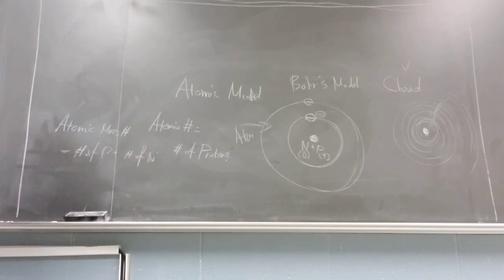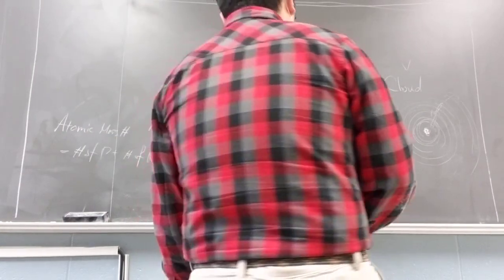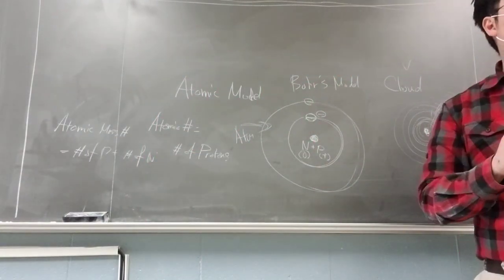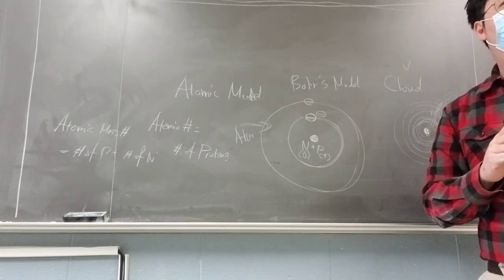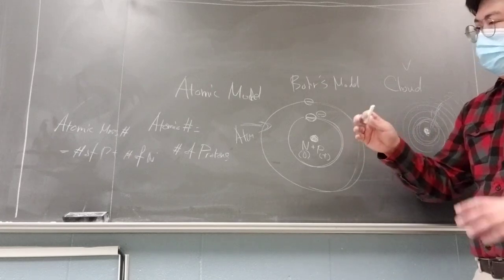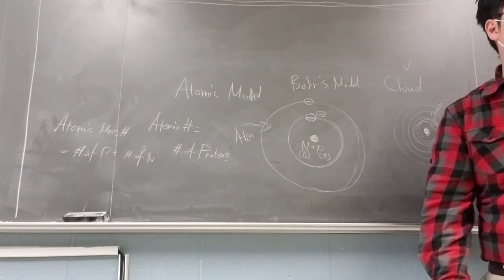In the atomic mass number, we don't count the electron, because the electron is about 100,000 times smaller in mass than the neutron and the proton.